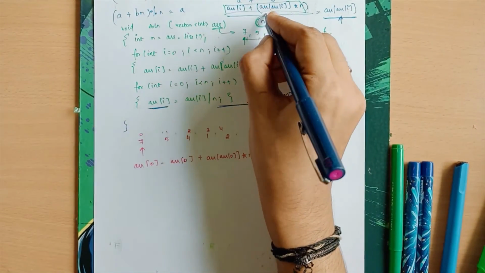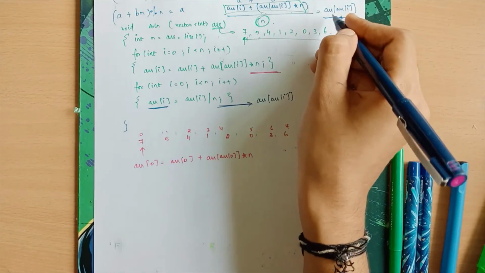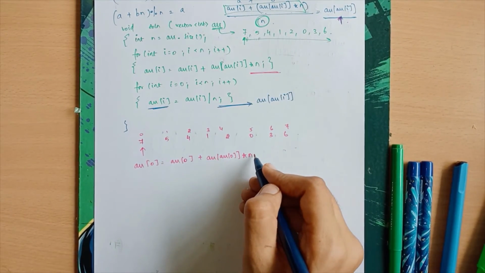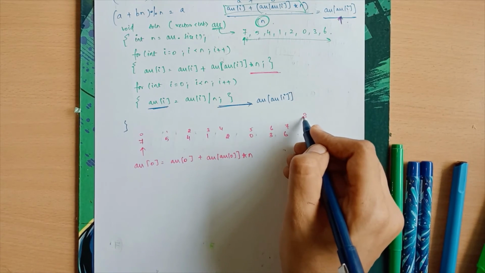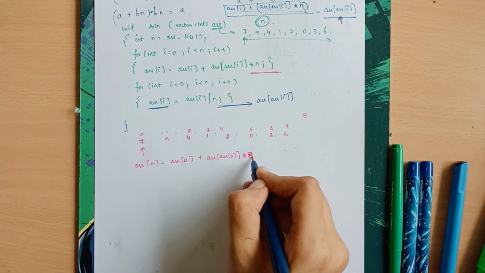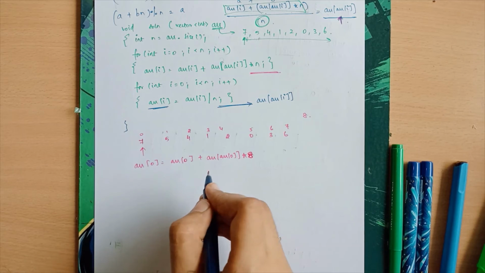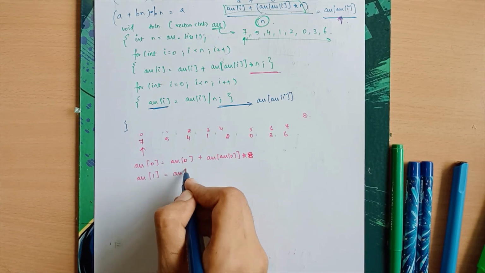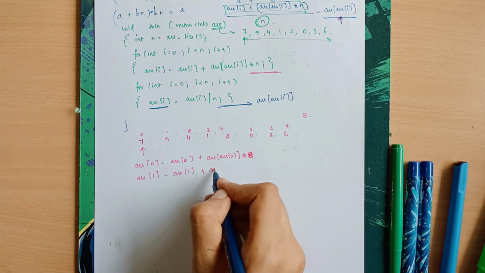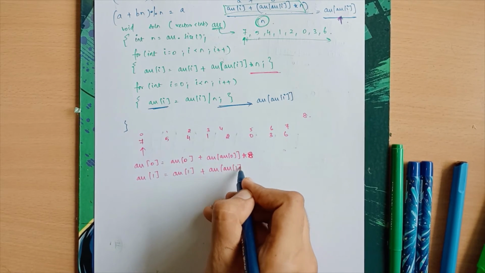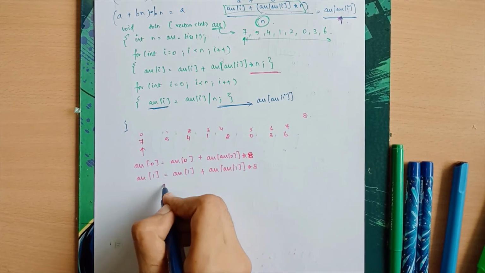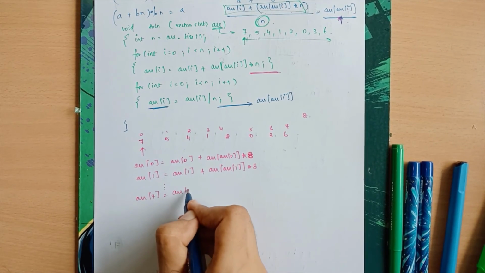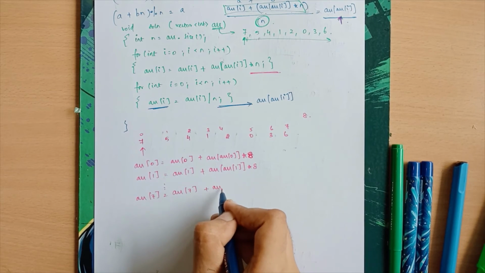We are making use of this concept: a plus bn divided by n is going to give you b. What is n right now? n is 8. This is the very first step, wherein I'm converting everything into this format, array of 1 plus array of 1 into 8, and so on till array of 7 is equal to array of 7 plus array of 7 into 8.